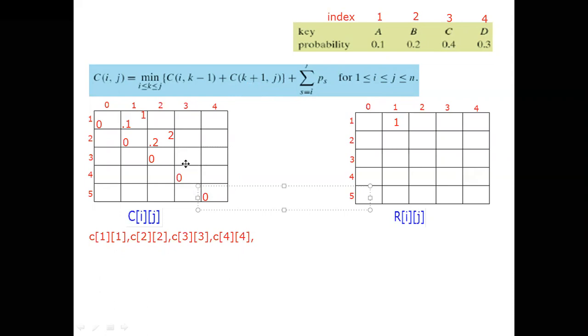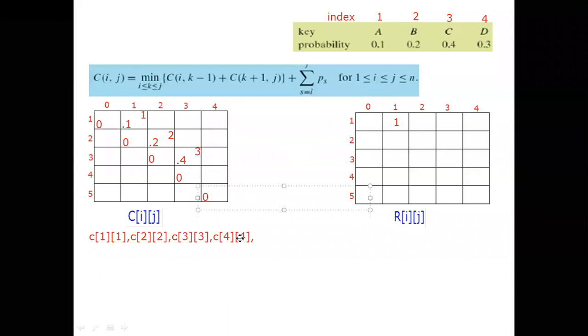I should write 0.4 here, due to index 3. I will adjust that value.